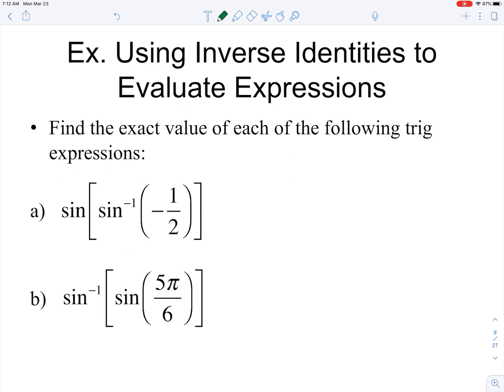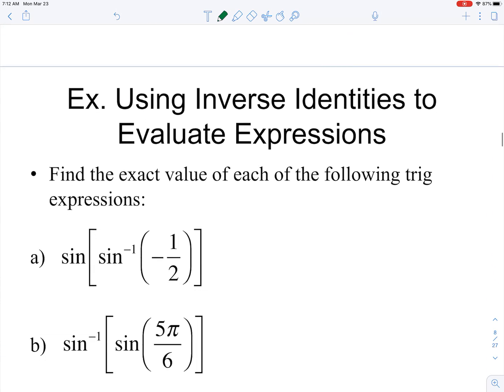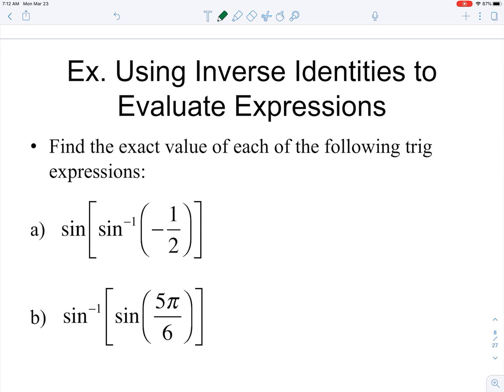All right, so let's find the exact value for each of the following trig expressions. Sometimes, if you recognize that it's the case of what this identity is saying, it's a little bit faster to evaluate. So sine evaluated at inverse sine of negative 1/2. Well, inverse sine of negative 1/2 is going to give you a negative angle from quadrant 4.